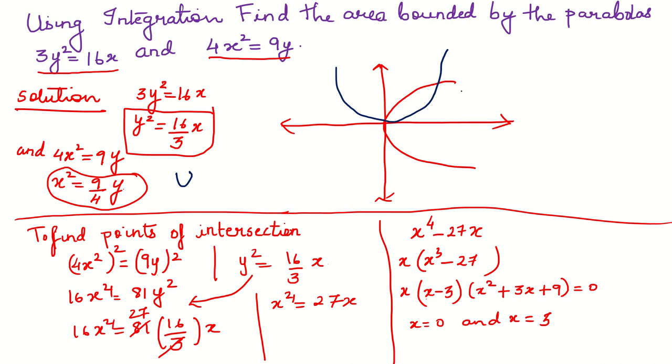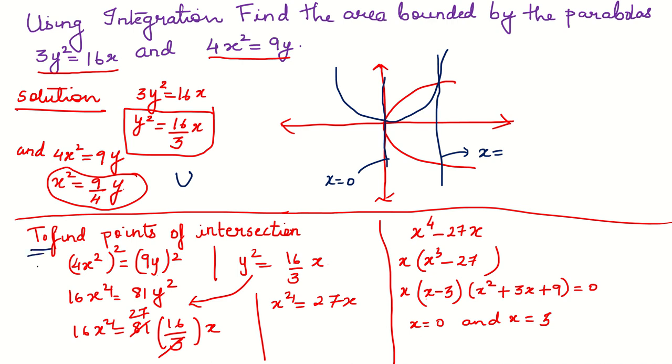Before moving ahead, if you are going to integrate from this point to this point, you need to find x here, and x here is known, that is 0. But we need to confirm it, so we find the point of intersection. That is an important step.